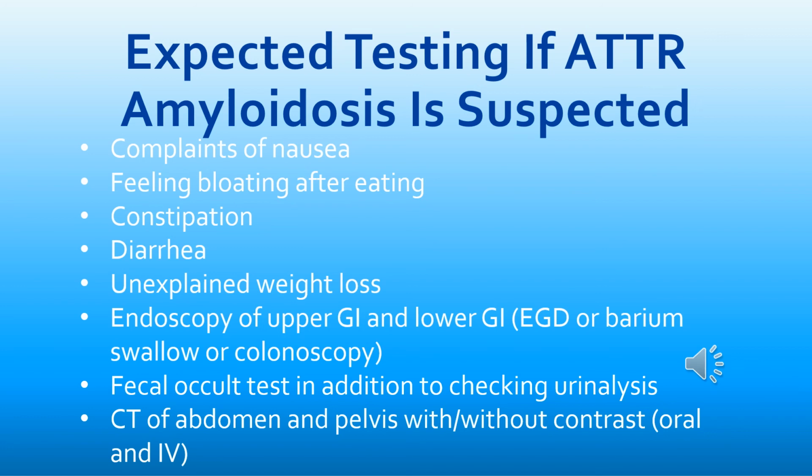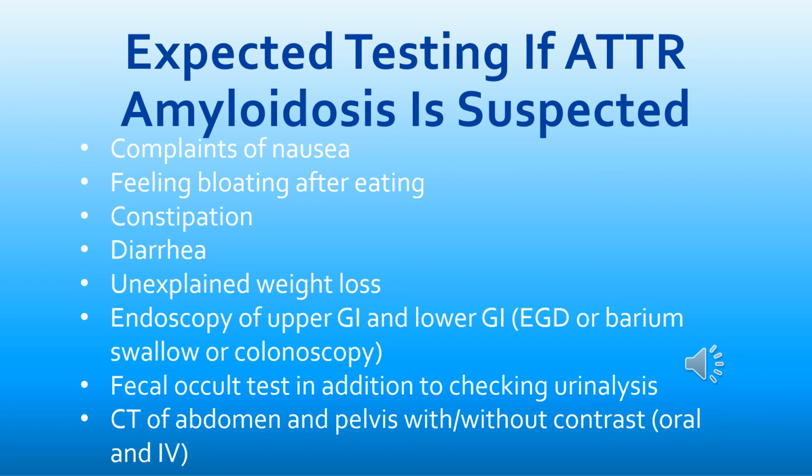Without the contrast orally, sometimes they might elect to do the IV. What the IV contrast is going to do is show more about the blood vessels. It's going to show more about the tissues themselves, if there's any abnormalities, such as a mass or tumor or anything like that that has extra vasculature.